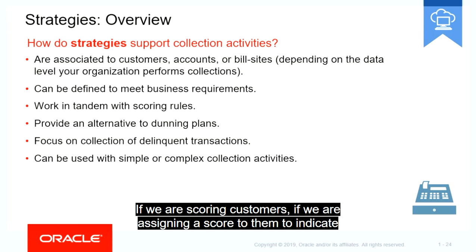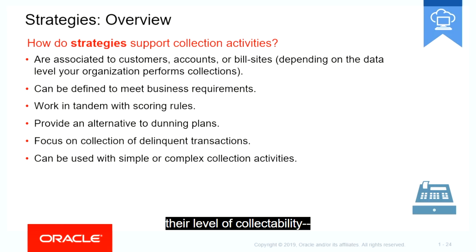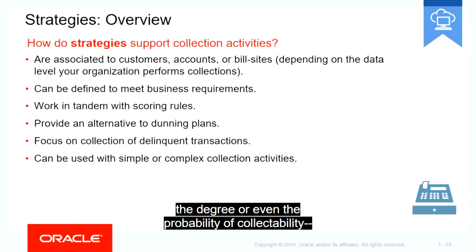If we are scoring customers, if we are assigning a score to them to indicate the level of collectability, the degree or even the probability of collectability, then that means we are going to need data points.